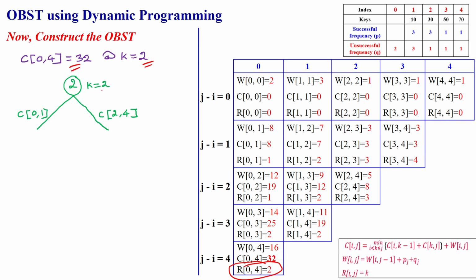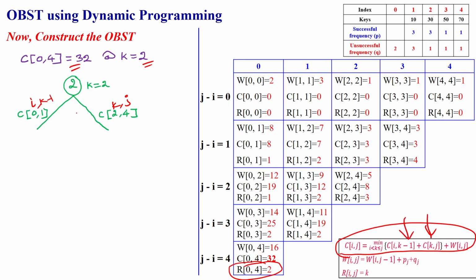So k equal to 2. When you are substituting this in the formula, c of i comma k minus 1 and k comma j, based upon these two terms.